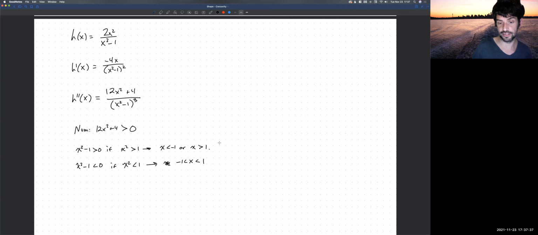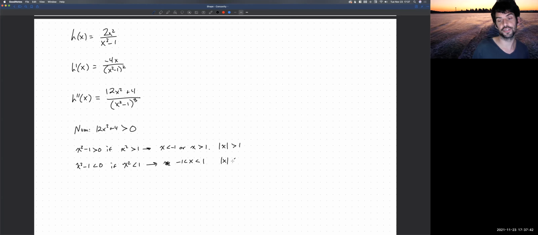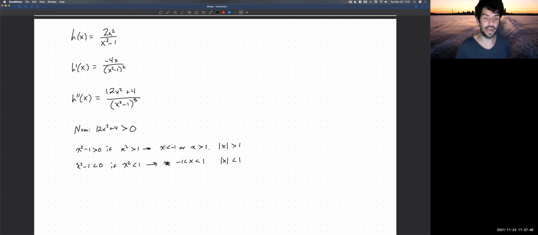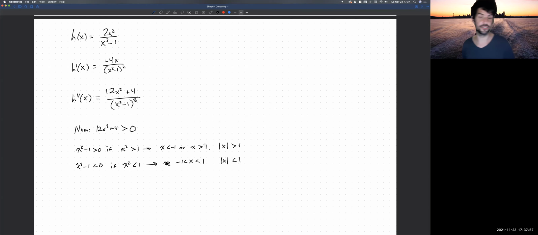Another way you can say this is, here we have the absolute value of x is greater than 1. Here we have the absolute value of x is less than 1, right? Because we're squaring this thing, so whether it's negative or positive, it becomes positive. And so having an absolute value bigger than 1 means when you square it, you'll be bigger than 1. So negative 2 squared will be positive 4.